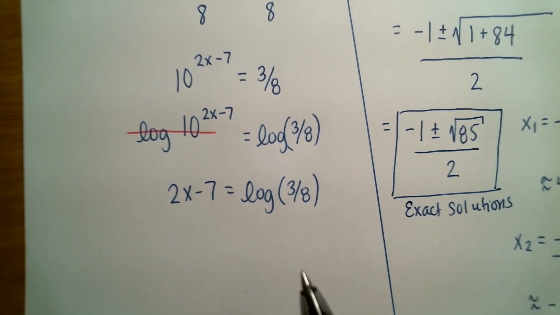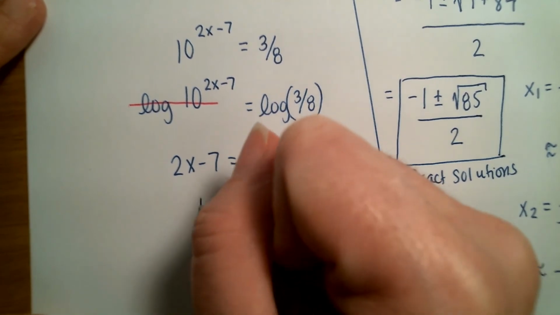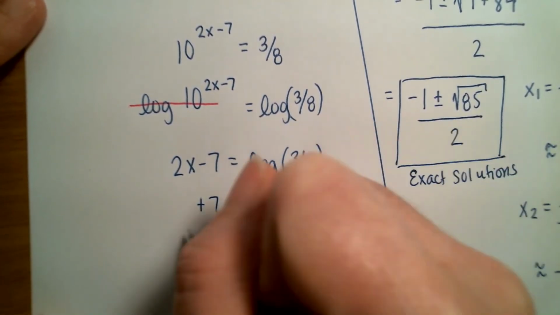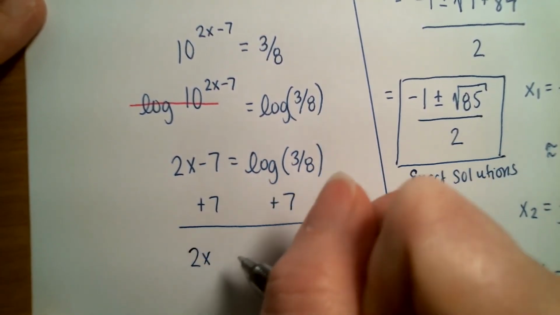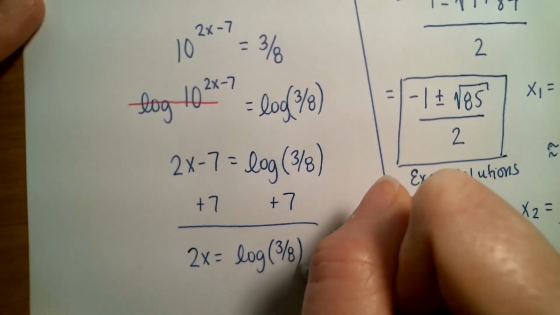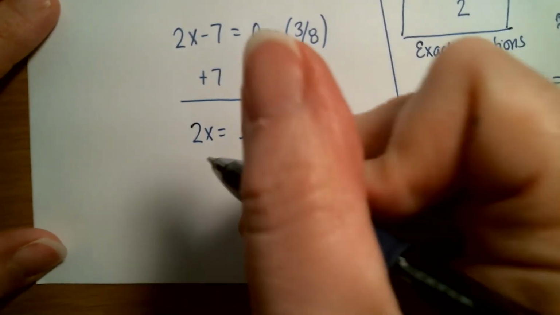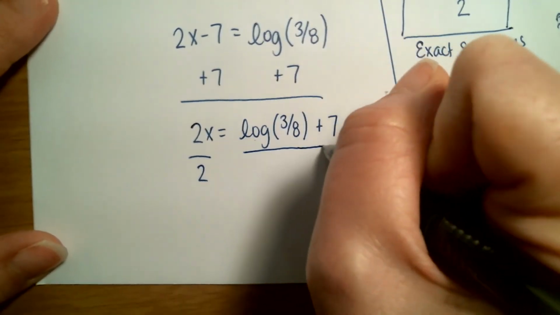It's just a number. To isolate the x, we are going to add 7 to both sides. So you're going to get 2x is equal to the log of 3/8 plus 7. And then you will divide both sides by 2.